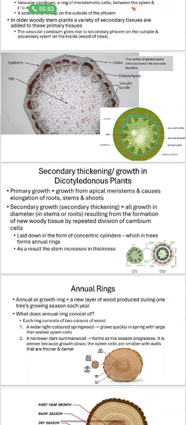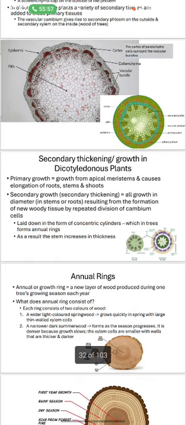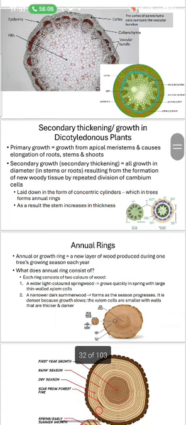So the secondary thickening or growth in dicotyledonous plants. Primary growth is the growth from apical meristems and causes elongation of roots, stems, and shoots.